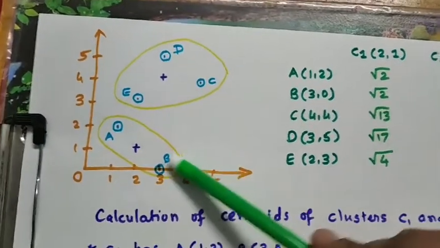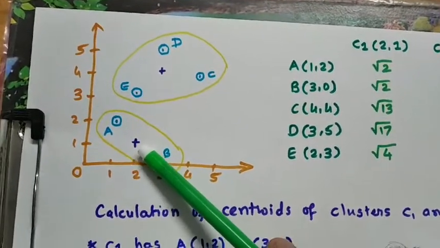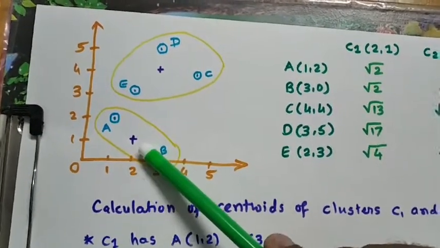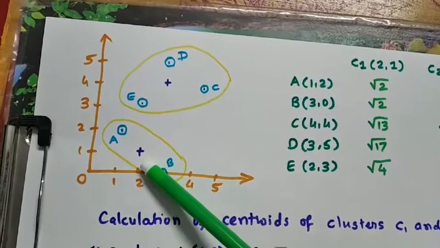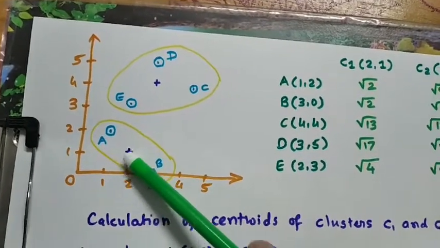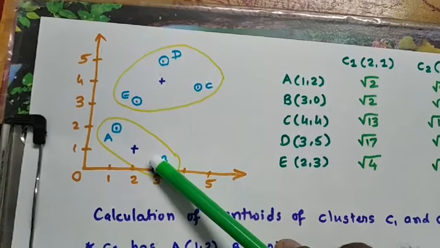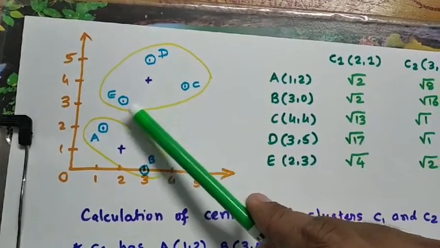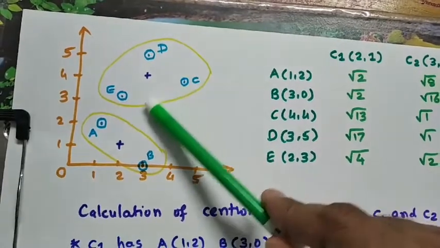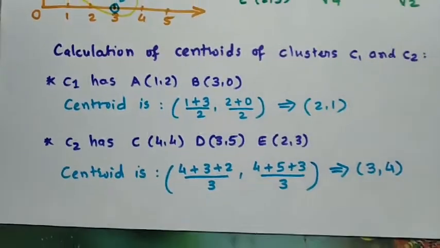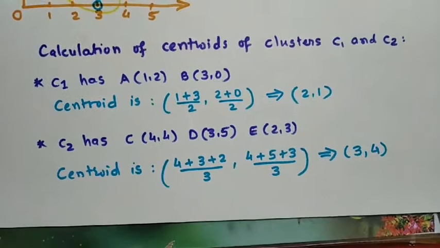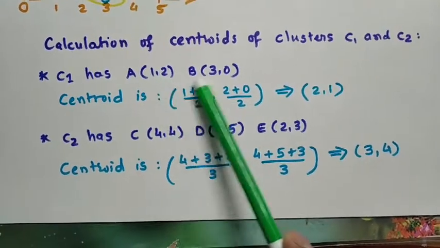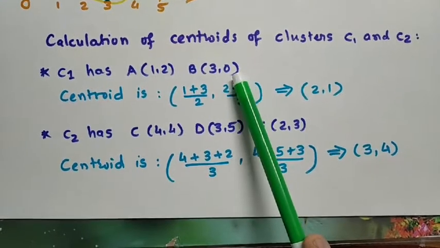For example, cluster C1 contains two points, A and B. So the centroid of cluster C1 will be the average of the coordinates of A and B. In the same way, cluster C2 will have a centroid which is the average of the objects C, D and E. This calculation is mentioned over here, because C1 has two objects, A (1, 2) and B (3, 0), as its members.